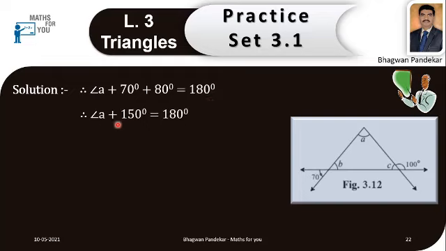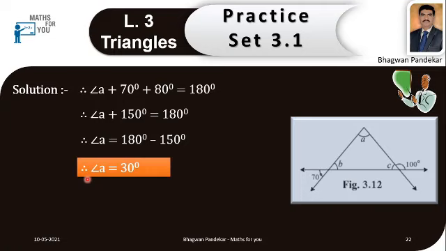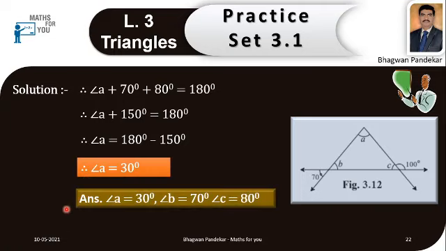Therefore, angle A plus 150 degree is equal to 180 degree. So, angle A is equal to 180 degree minus 150 degree. So, angle A is equal to 30 degree. So, answer is angle A is equal to 30 degree, angle B is equal to 70 degree and angle C is equal to 80 degree. This is your final answer of this example.